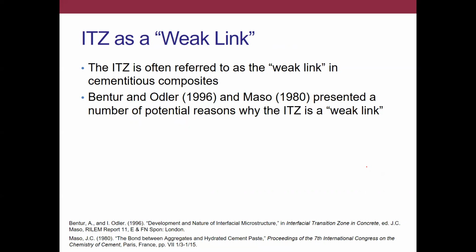Because this zone is more porous and has less CSH, it tends to have the lowest strength and the lowest modulus of any part of your composite concrete. So this is, at the very least, likely where cracks will propagate through, and may also be where cracks will initiate. This would be the weakest point of your concrete.